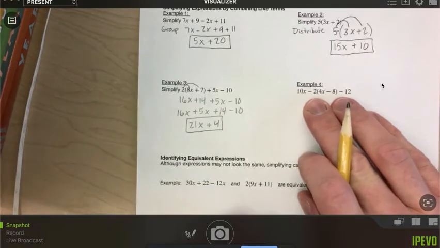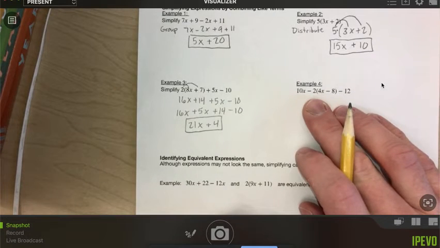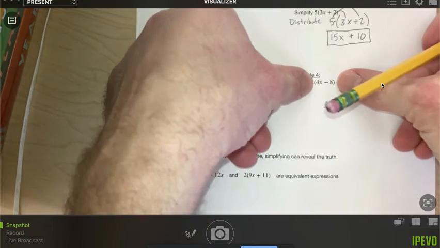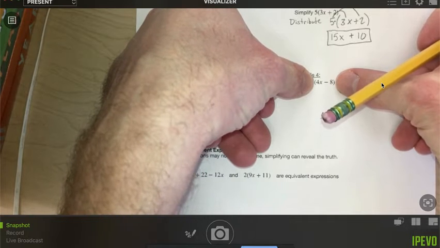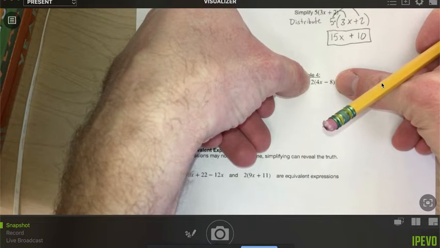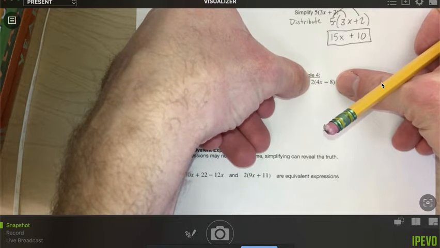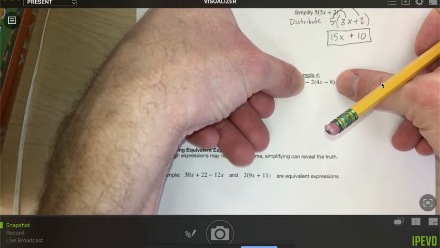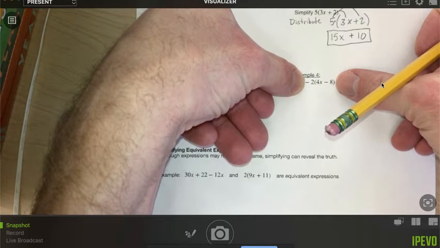Then finally, this is where things get tricky when I have a bunch of negatives showing up. So once again, I'm checking my parentheses, can't combine anything inside, and so now I'm going to think about multiplying. It's convenient to think there's just a 2 in front, but notice how there's a minus in front of that. So we're going to treat it like a negative.